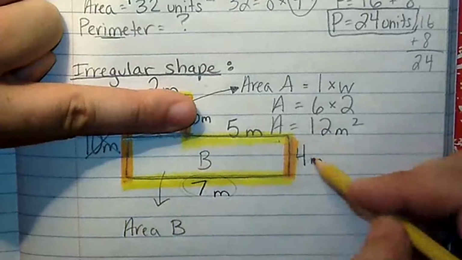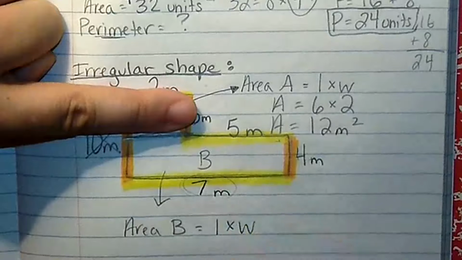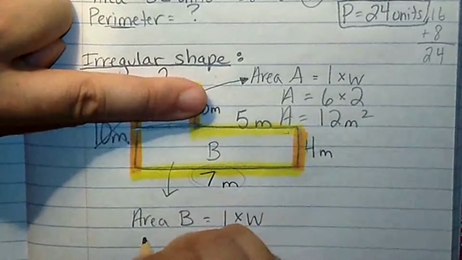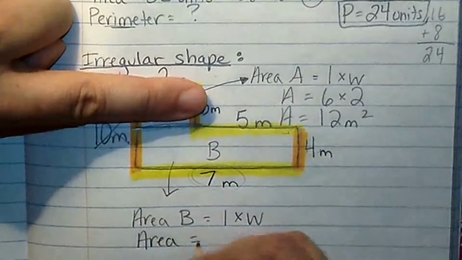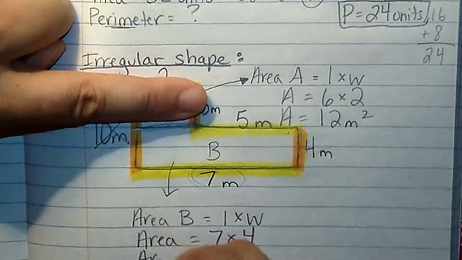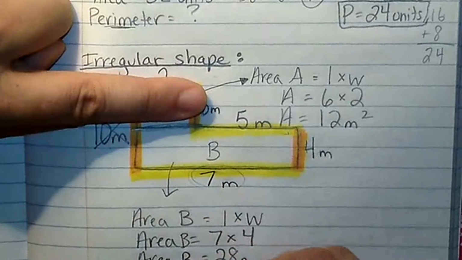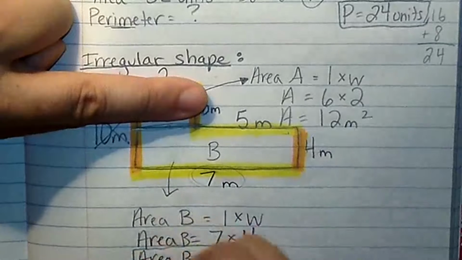And then how wide is it? 4. So area equals length times width. Area equals 7 times 4. The area of part B is 28 square meters.